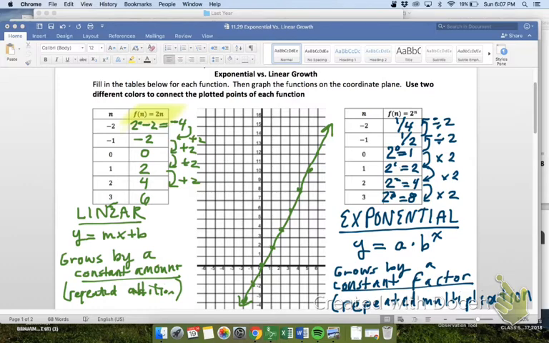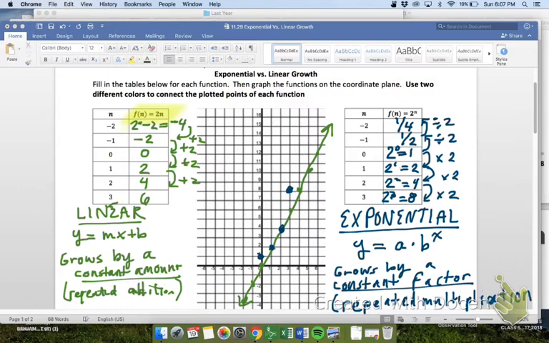Now let's plot the points on our coordinate plane. I'm going to start with 0, 1, so about there. Then 1, 2, 2, 4, and 3, 8.